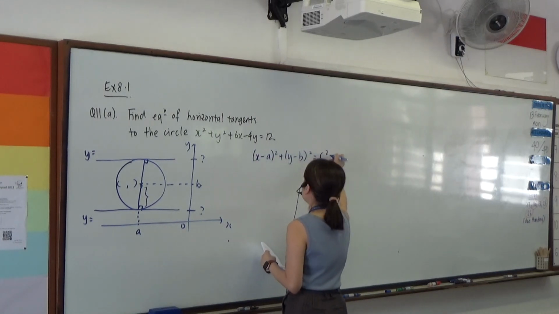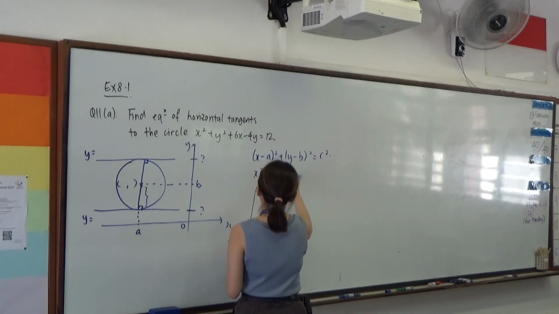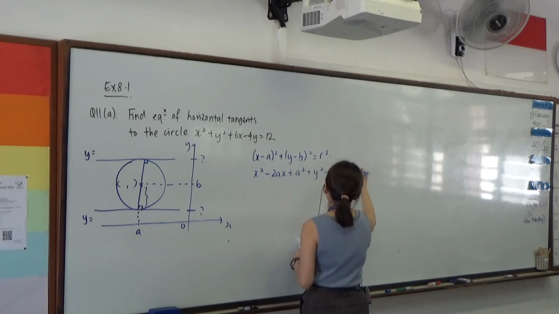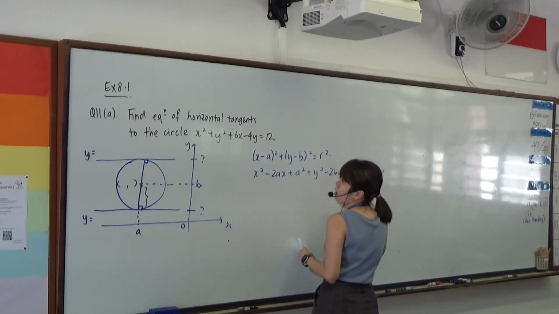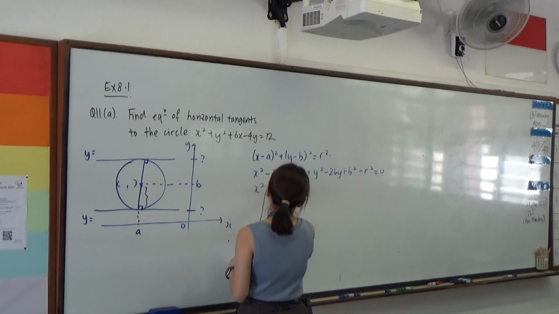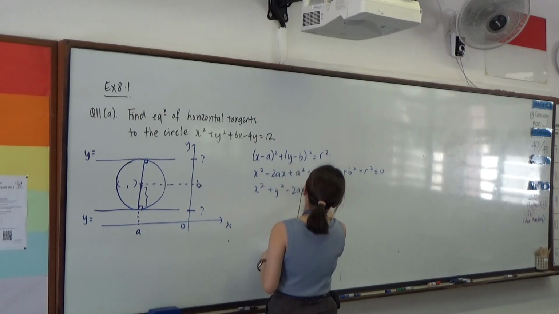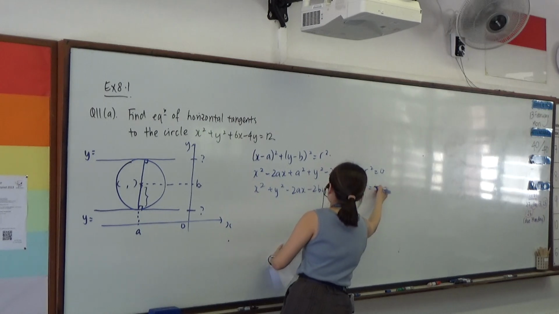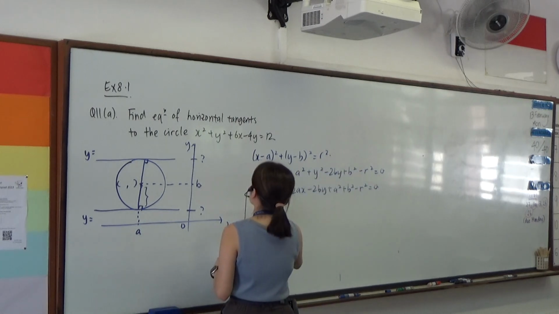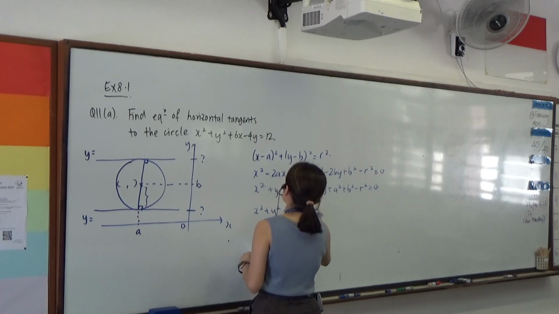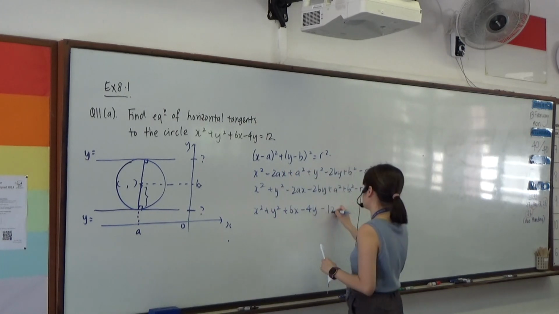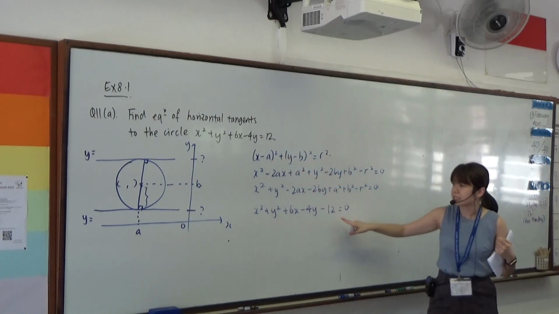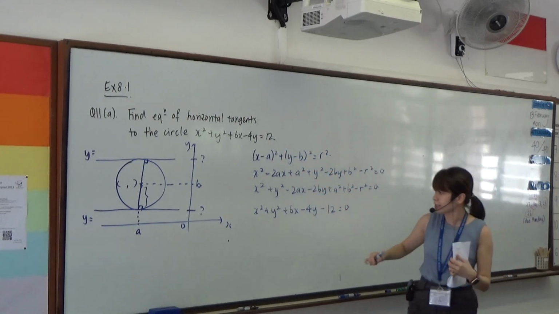Using your standard form, expand. Compare with the given equation, which is in general form. Given the equation in general form as such, we move the 12 to the left hand side.